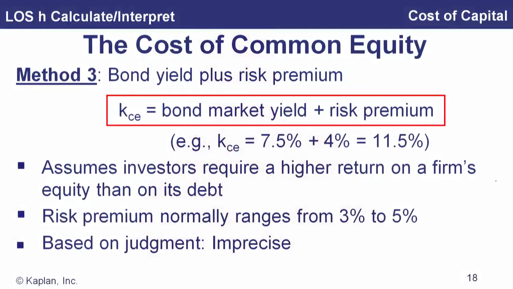And that equity risk premium that's used is usually between 3 and 5%. So there's some judgment in picking which of that to use, and this is imprecise. But it's imprecise, but you can't go that far wrong. We may be a little under, we may be a little over, but we're not going to get really misleading results with this bond yield plus some somewhat arbitrary risk premium approach to estimating the required rate of return on common equity.